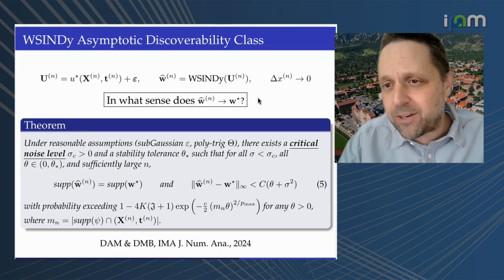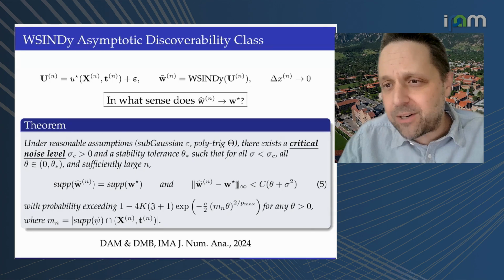Now, there are some restrictions on this. In the theorem in this IMA numerical analysis paper that came out in December, we limited ourselves to a certain class of noise, which is dominated by a Gaussian, so sub-Gaussian noise. We limited ourselves to libraries of polynomials and trigonometric terms, which covers a significant fraction of mathematical physics.